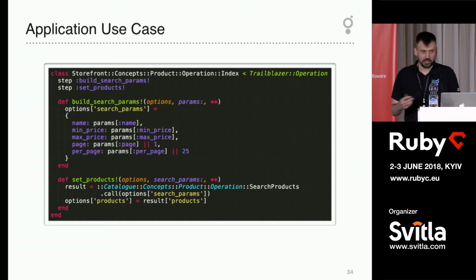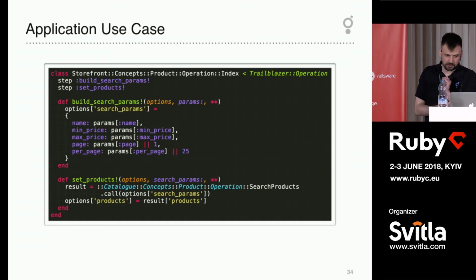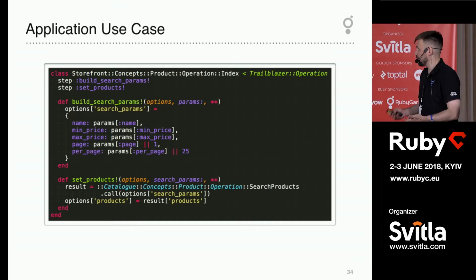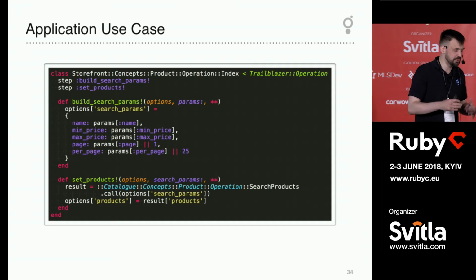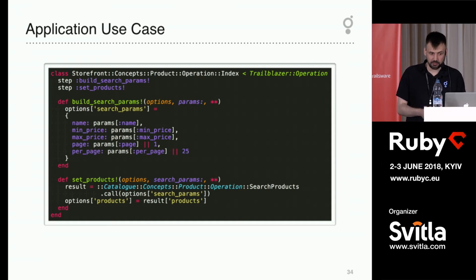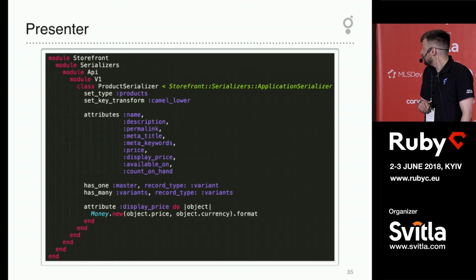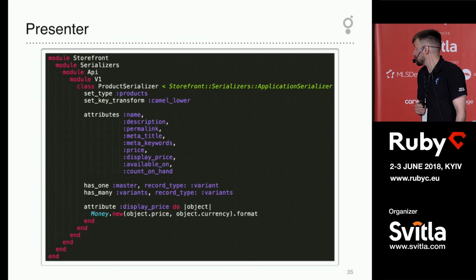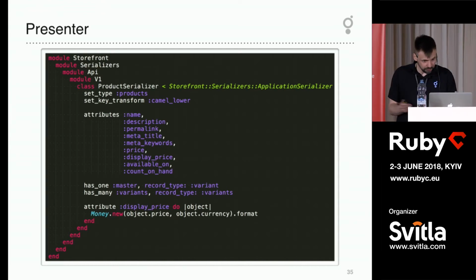This is some kind of operation aggregator, to communicate with domains and pull all information, prepare a good quality response, and provide it to a client application. And presenter, also all is clear. We have a serializer, no magic here.